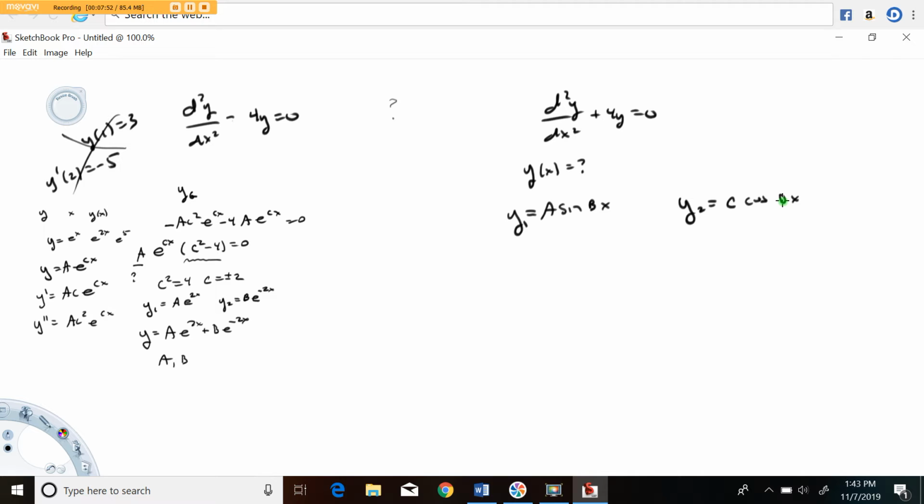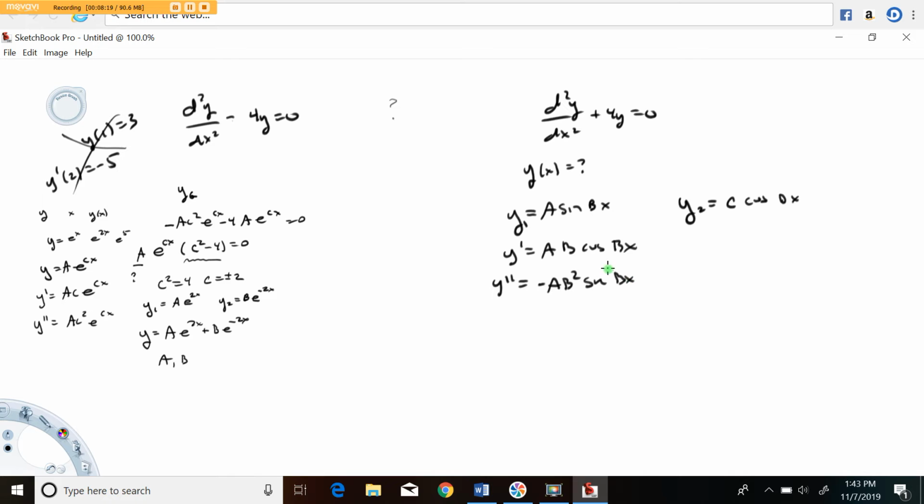Now I'm going to go ahead and take one of these and wash it through this. And in order to do so, we're going to need a second derivative. So let's start with the first derivative. Differentiating this function, we get a b cosine bx. Hitting it with another derivative, and again, the derivative of cosine is minus sine, so now we're going to have minus a b squared sine of bx.